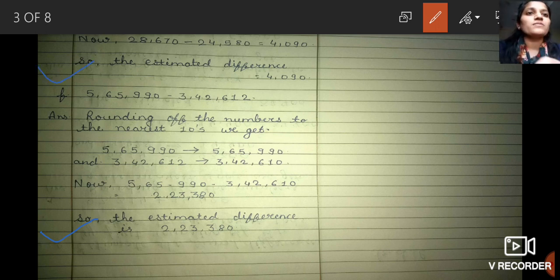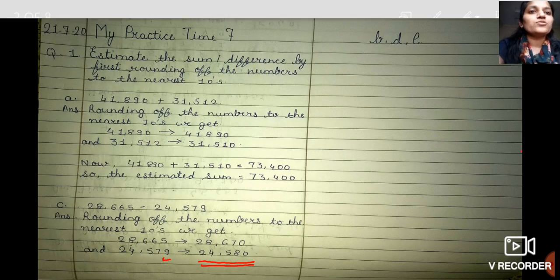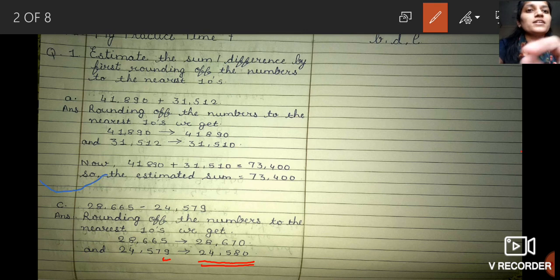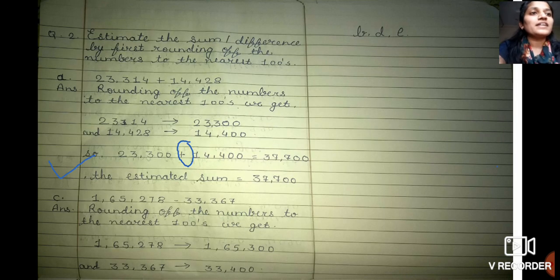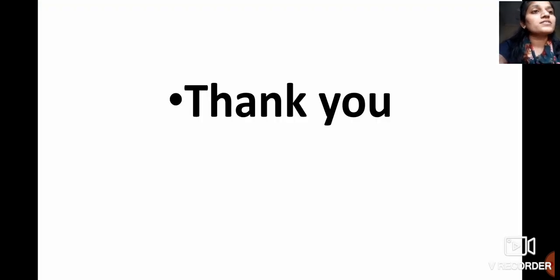Here also, so the estimated difference is 4,900. Here also we can see, so the estimated sum is 73,400. That means students, at the end we have to write the final answer, that so the estimated sum or the estimated difference will be this.